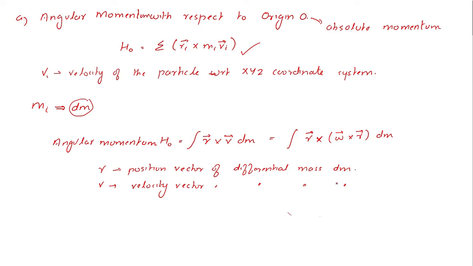Now you see this part here is a triple product. Suppose I represent the r vector as x i cap plus y j cap plus z k cap, and the omega vector as omega_x i cap plus omega_y j cap plus omega_z k cap.